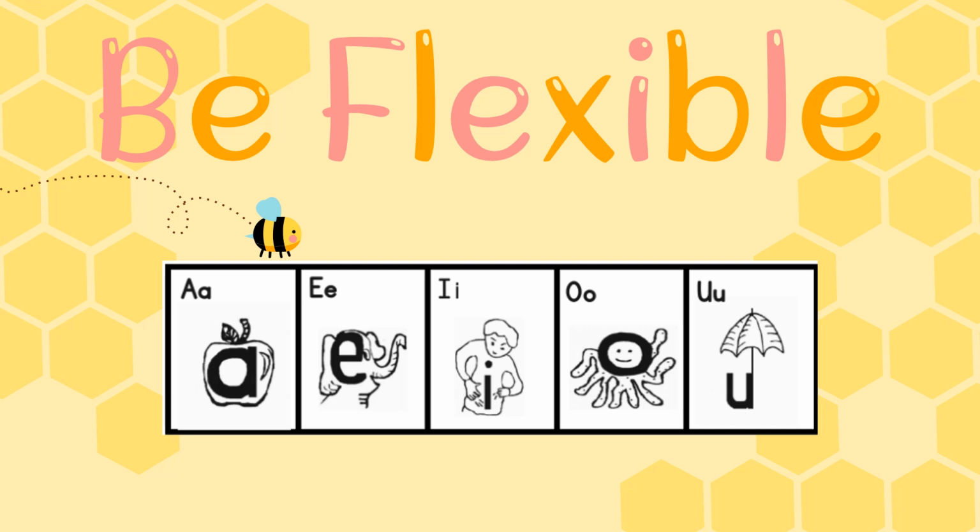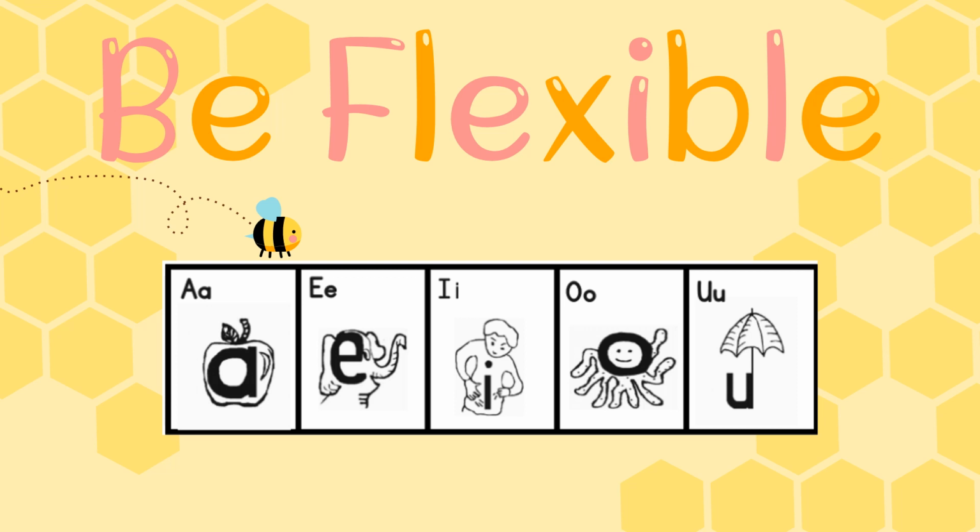I, I, I. We have O for octopus. Ah, ah, ah. O, O, O. And then we have U for umbrella. Uh, uh, uh. U, U, U.